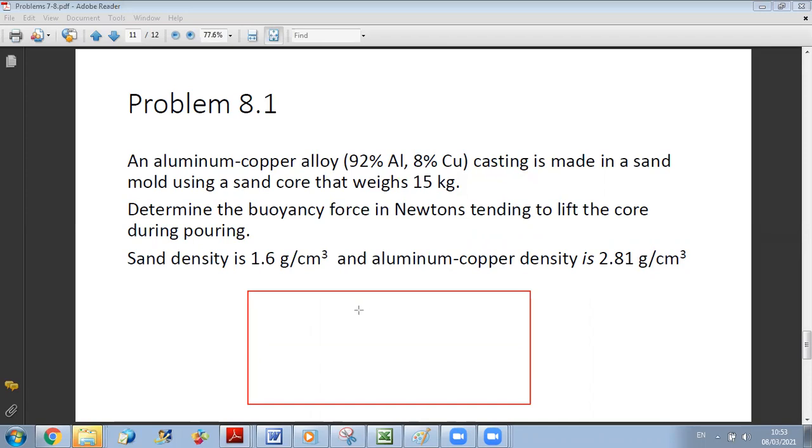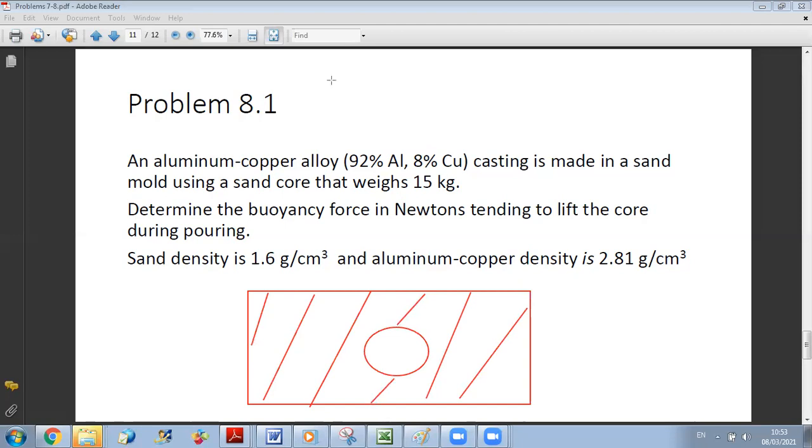after pouring, will be immersed in the fluid. When you have a solid immersed in a fluid, the fluid will exert on it an upward force, which is called the buoyancy force. In general, to know the total resultant on the core, we should compare the buoyancy force to the weight.